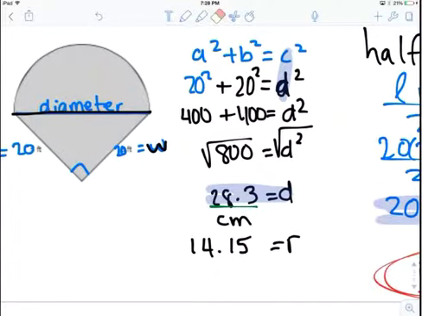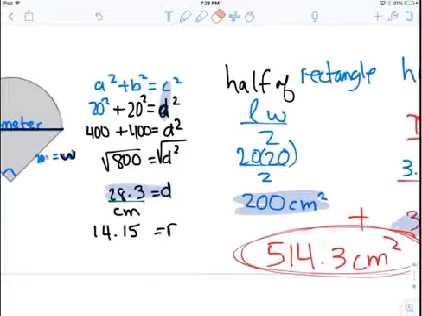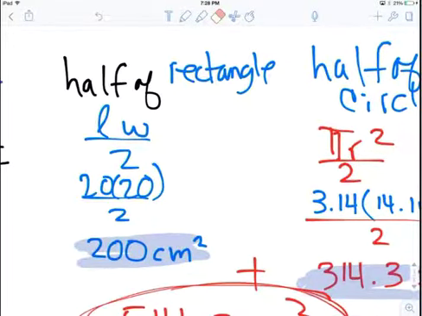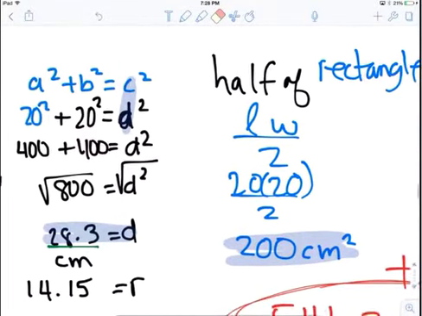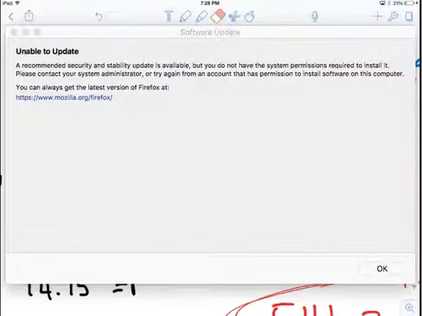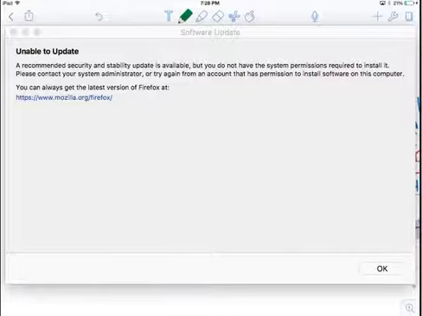And then you can do the area of half of a rectangle, which we call a triangle. It's length times width divided by 2. It's length and width right here, and you get that much.